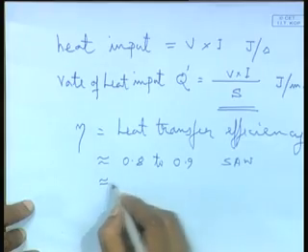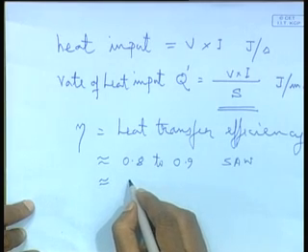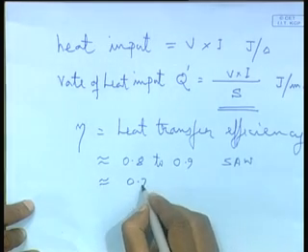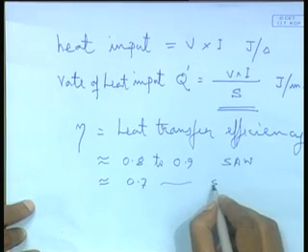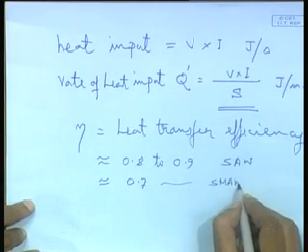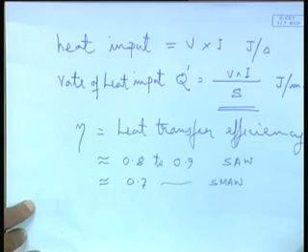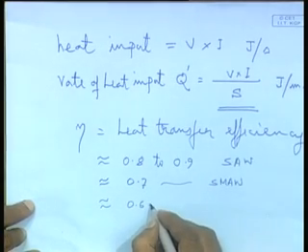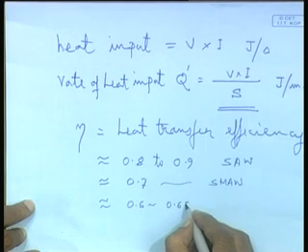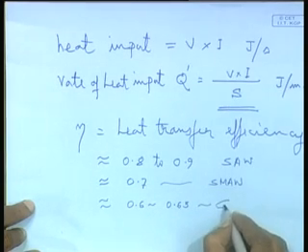When it is going in the plates, it is being used to heat up the plate, to melt the plate, etc. It is around say 0.7 in case of shielded metal arc welding, manual welding. It is around say 0.6 to 0.65 in case of gas metal arc welding.